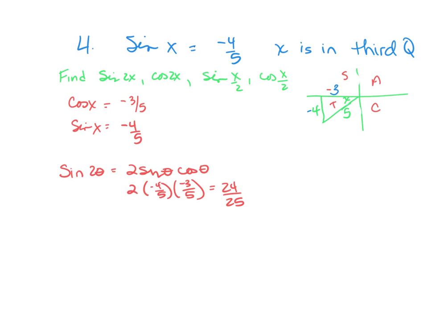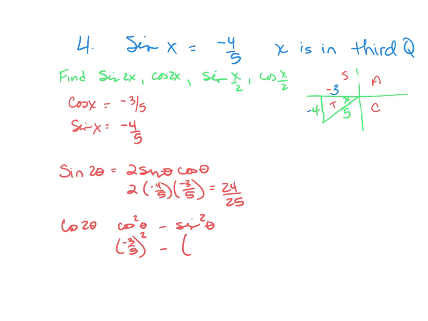So you pick your poison. I don't care which formula you pick. You just make sure you know what you're doing with it. So cosine squared of theta minus sine squared of theta, we can use that one. Cosine of 2 theta is cosine squared of theta minus sine squared of theta. Well, the cosine of theta is negative 3/5, and the cosine squared of theta means negative 3/5 squared.